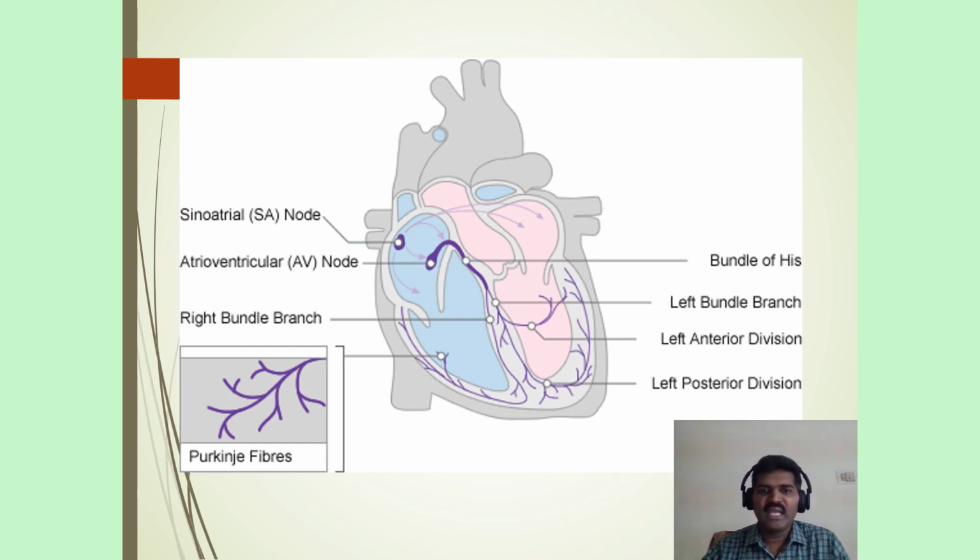Bundle of His, as soon as it arises, it divides into a left bundle branch and a right bundle branch. Left bundle branch again divides into left anterior division and left posterior division, also called fascicles. And then finally, multiple Purkinje fibers innervate the cardiac muscle cells.